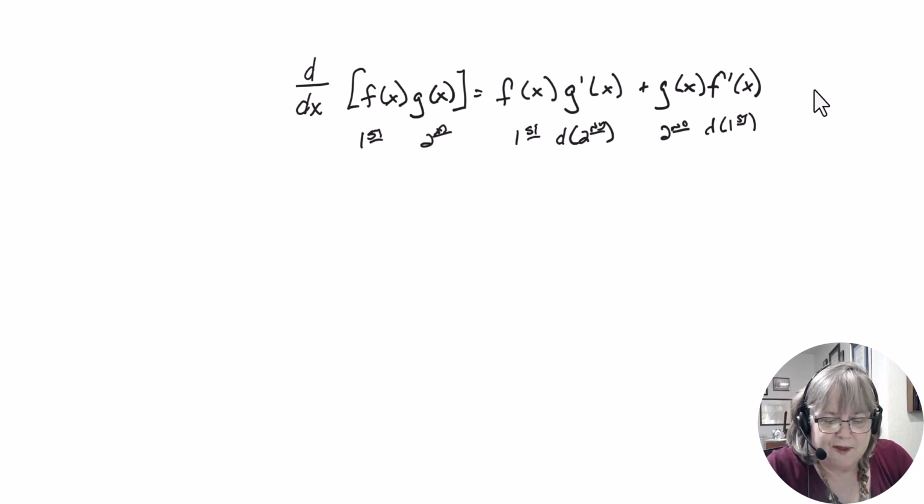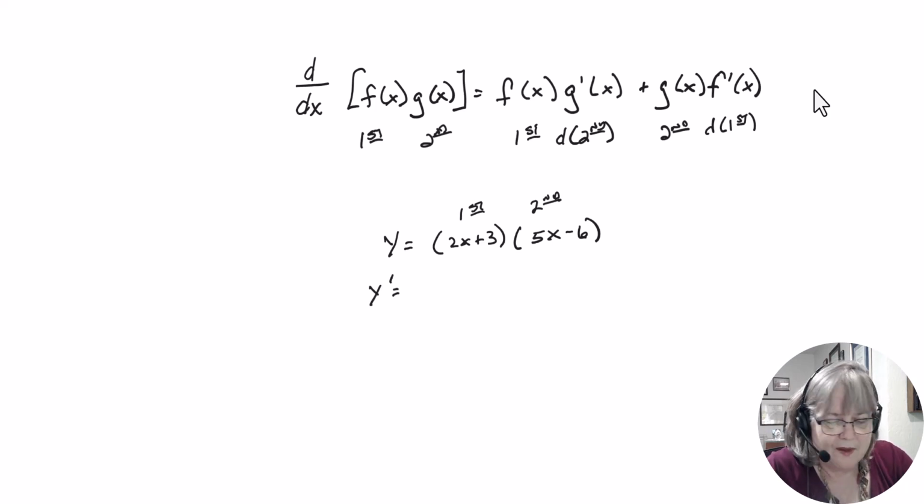So let's try something kind of straightforward, and let's say that we have y is equal to 2x plus 3 times 5x minus 6. So this is the first factor. This is the second factor.